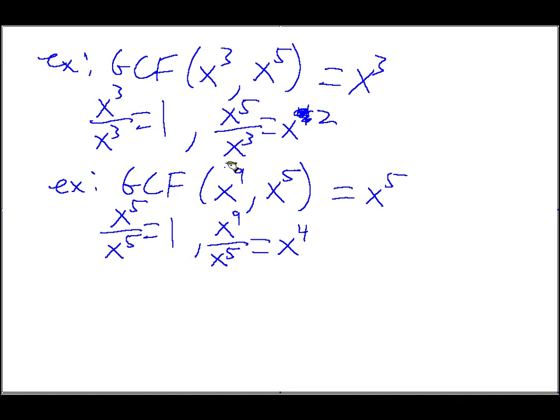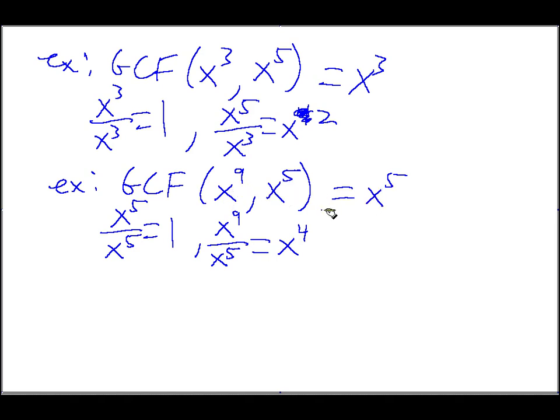All right. Now, from these two examples, we can come to a generalization, right? For exponential expressions, what is the greatest common factor? Well, it's the expression with the lowest power. So the greatest common factor of two exponential expressions is the one with the lowest exponent. Can we see that? Lowest power wins, right? X to the 9th, x to the 5th. So what's the GCF?